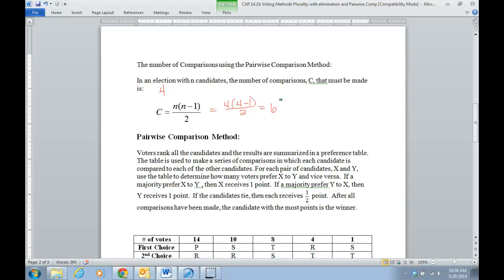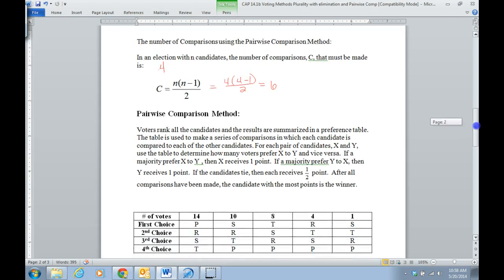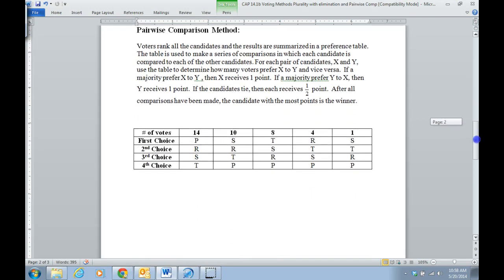Okay? So, I need to have 6 comparisons. So let's set up our comparisons down here.